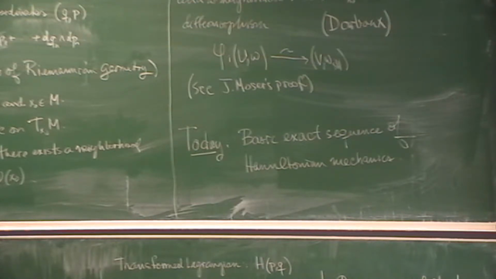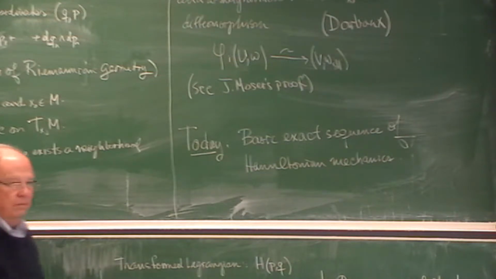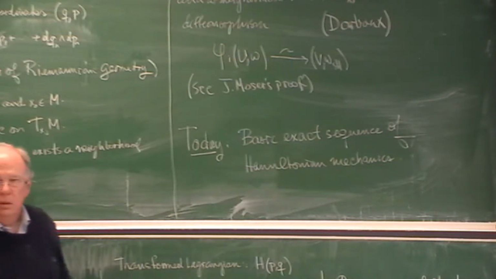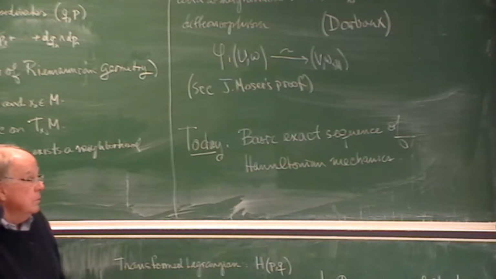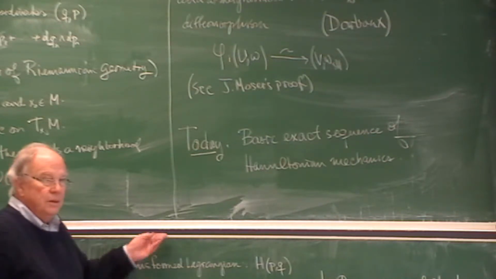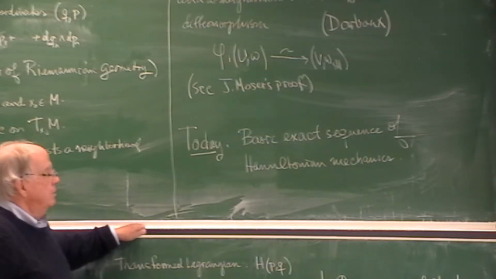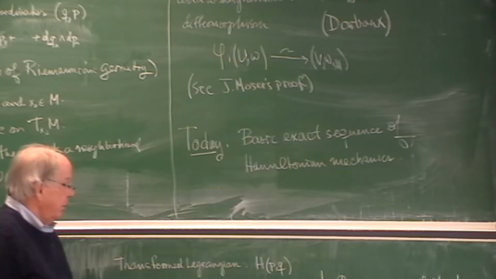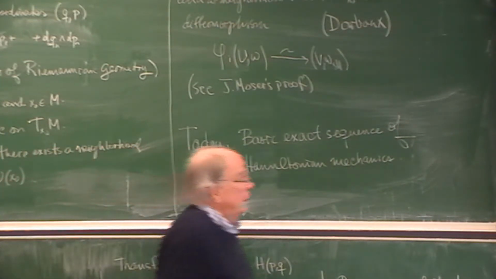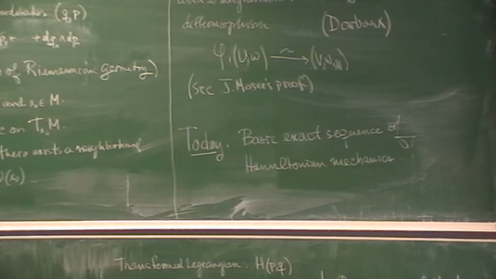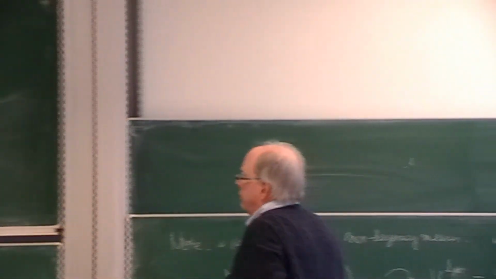This subject lay around from the time of Hamilton, from the time of Lagrange, from the time of many, many physicists, and it was only picked up by mathematicians rather recently, maybe in the last 50 years. It's amazing. And much thanks go to Jürgen Moser, by the way. So the basic exact sequence of Hamiltonian mechanics.